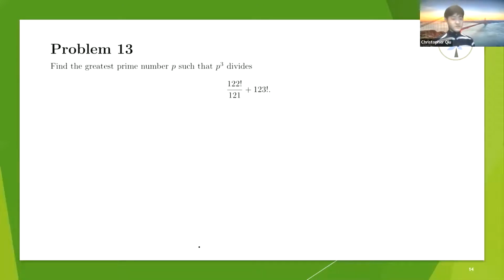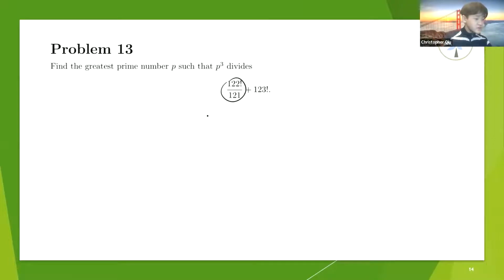Okay, so in problem 13, we're asked to find the greatest prime number p such that p cubed divides this number. So when you first see this number that they give you, you can notice that we have some very high factorials. So maybe there's something we could do with these factorials to factor this number nicely.